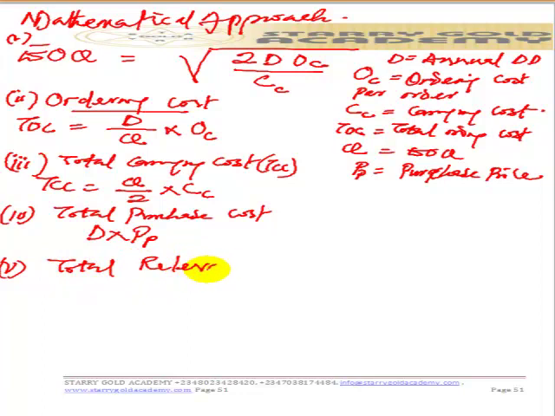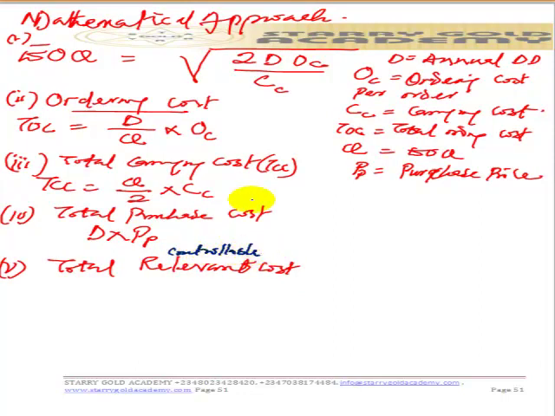Total relevant cost. Sometimes they call it the total controllable cost.